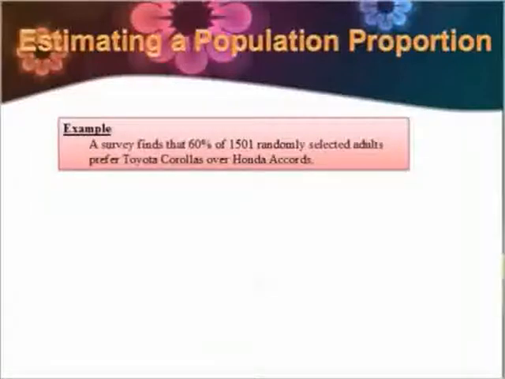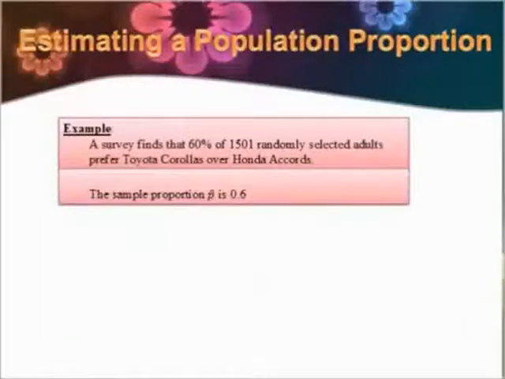However, in this case, it already gives me the proportion of my sample, 60%, or of course, we're writing this as 0.6. So the 60%, or 0.6, is my sample proportion, p hat.